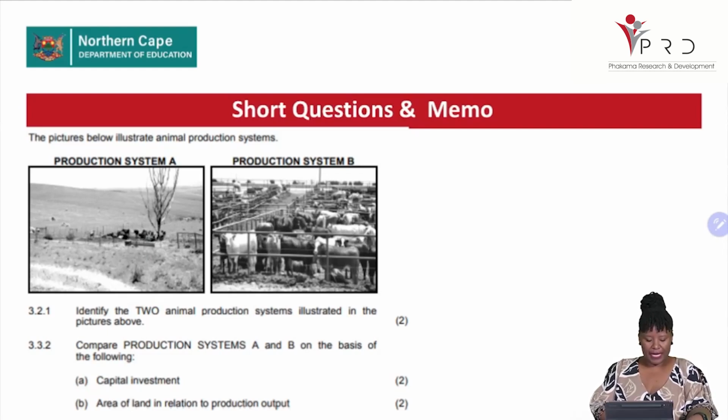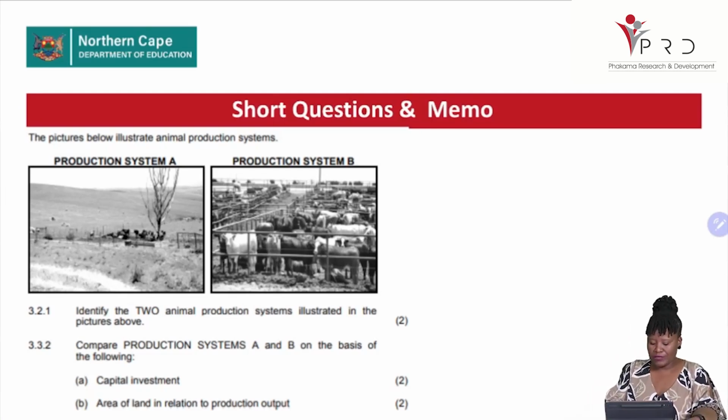There are few animals. And you look at production system B, there are many animals in a smaller space. Identify the 2 animal production systems. Your focus must be on that one. The 2 animal production systems illustrated in the picture above.